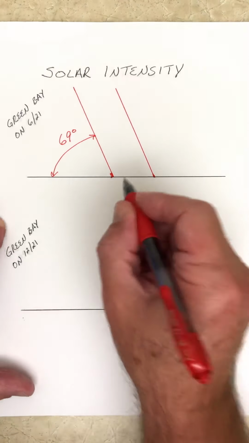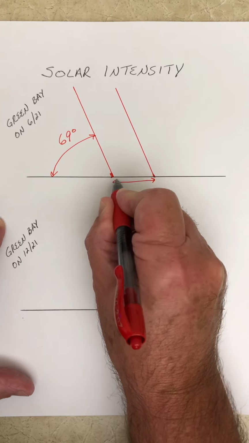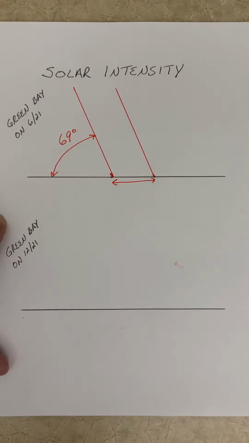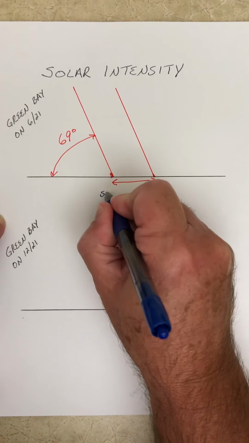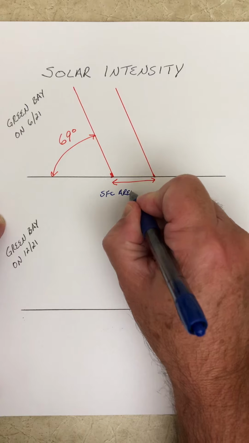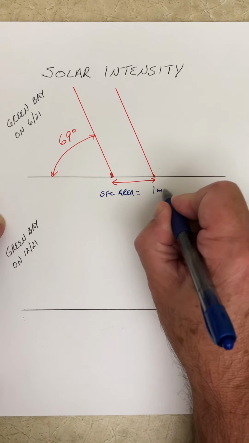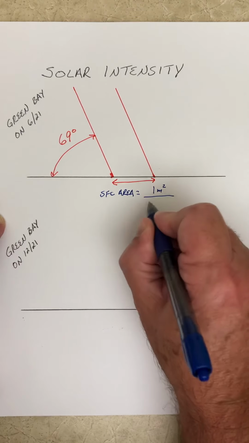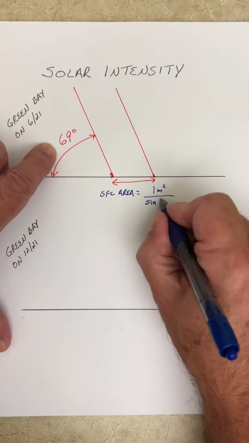Remember, we need to look at the surface area. If you remember from the previous video, that surface area is calculated as 1 meter squared divided by the sine of the angle. The angle is 69 degrees.